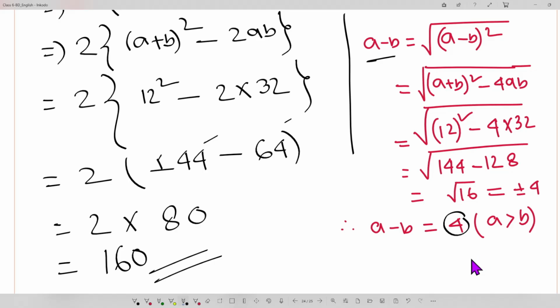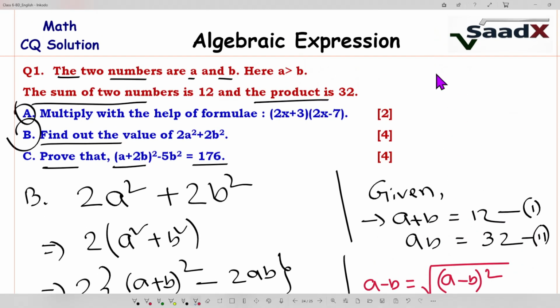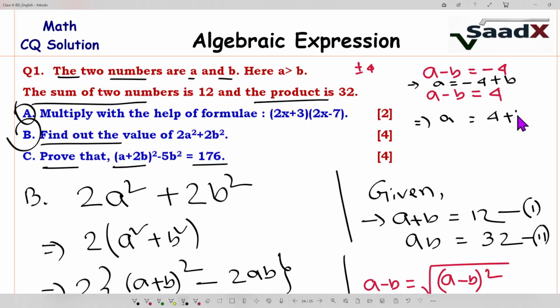Now let's check one thing. Let's say we declare a minus b equals 4, but if a minus b equals either minus 4 or 4, because plus or minus 4. Now look, if a equals minus 4 and this minus b becomes plus b, right? And here a equals 4 plus b.